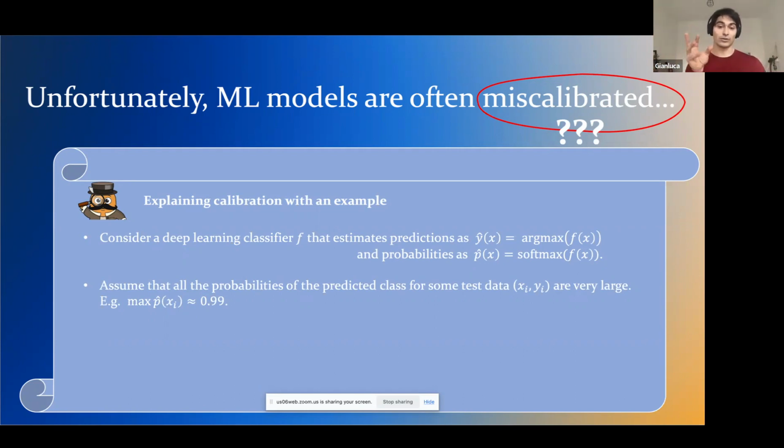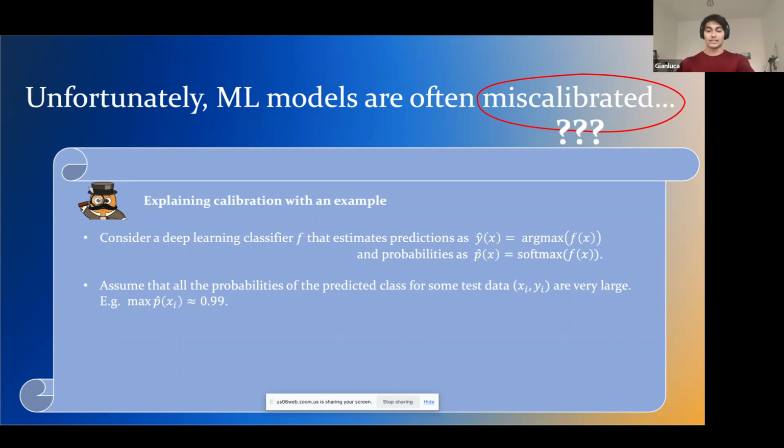This max of p hat corresponds to the probability of the predicted class. And we assume, or at least we imagine, that this probability is very high, right? And this happens very often. You might find that the confidence that you obtain after you train a deep learning model is extremely high, something around 0.99 for every input, okay?